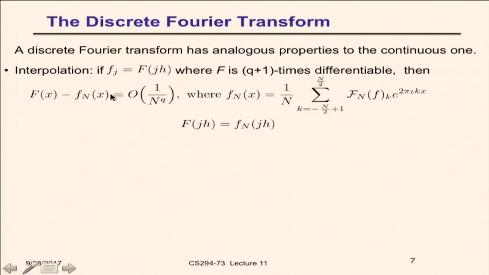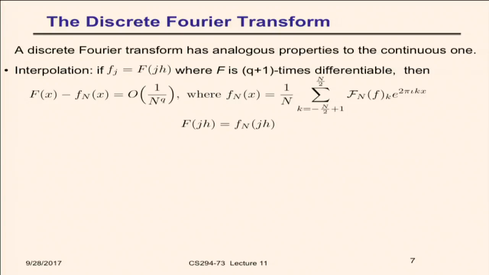So what is f_n of x? f_n of x is take the Fourier coefficients and multiply them by continuous Fourier modes. So it's a finite sum, k equals minus n over 2 to n over 2, of these Fourier coefficients that you computed using discrete Fourier transform, and then you multiply them by the complex exponentials. That approximation has the same kind of error behavior as the continuous version of that.